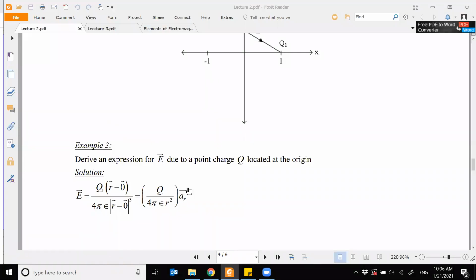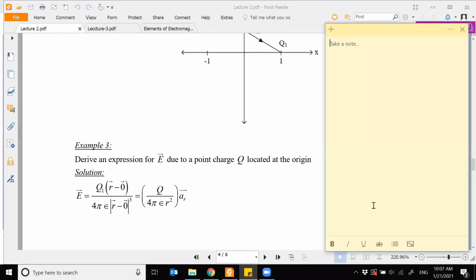times AR. So what I am doing here, if you see, I have a position vector R bar above, and I have here the magnitude R, right? So what I'm doing, I'm rewriting this as R bar over your modulus of R. I'm naming it as my AR.